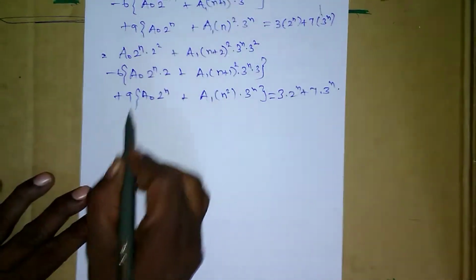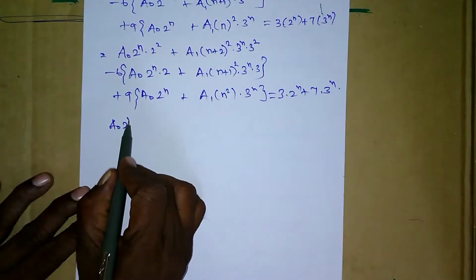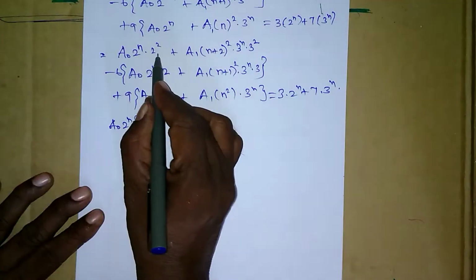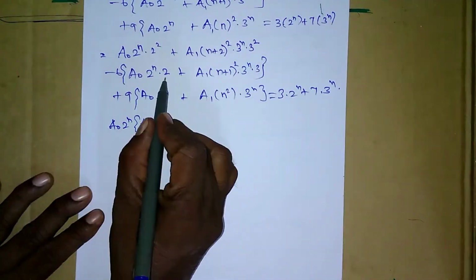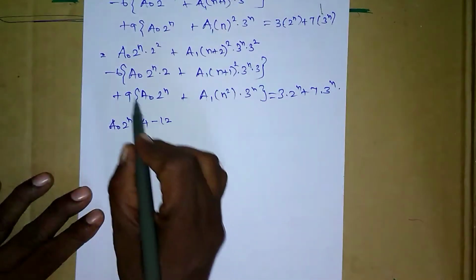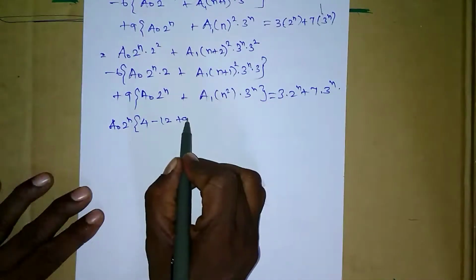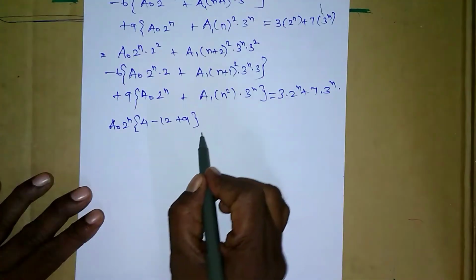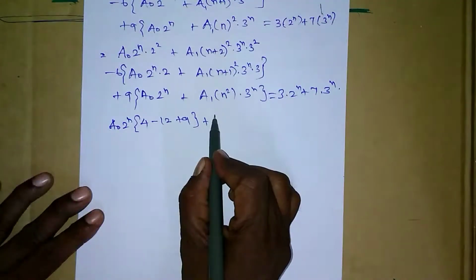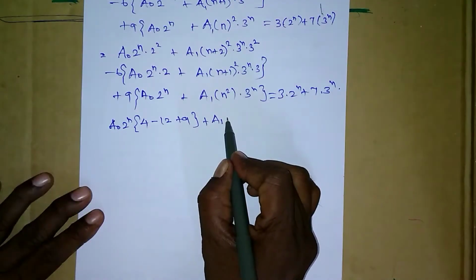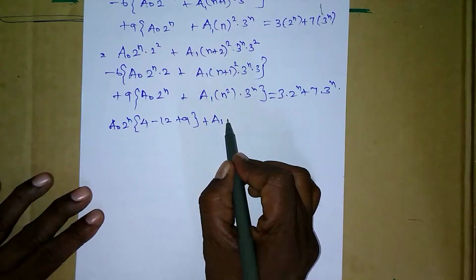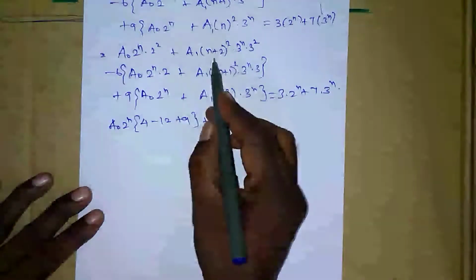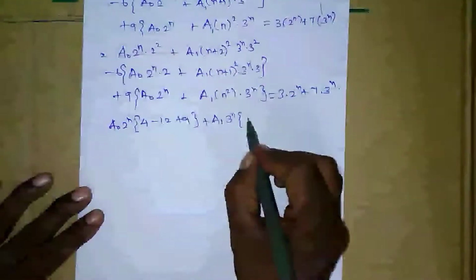Here we are taking a naught 2 power n outside. What is remaining: 2 square is 4, minus 6 into 2 is minus 12, plus 9. Similarly plus a1 into 3 power n taken outside, a common factor.